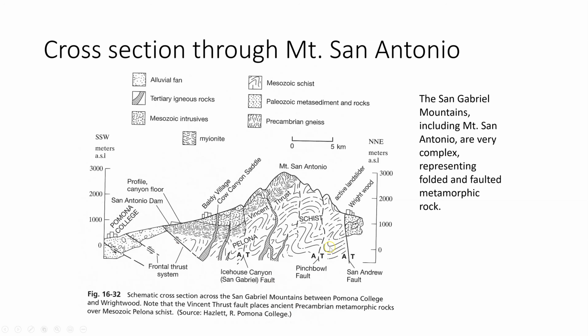There's a lot of other faults that are listed here, like Pinch Bowl Fault, Icehouse Canyon Fault, San Andreas Fault. So there's a lot of fault motion in the area. A lot of them are relative to the San Andreas Fault system. But these thrust faults are what cause a lot of the excess movement outside of the San Andreas Fault system in here.